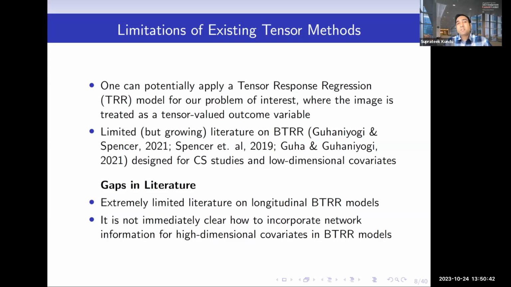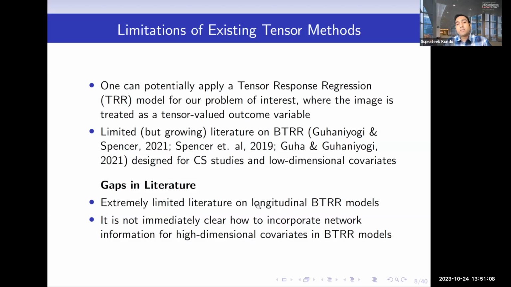But they're essentially designed for cross-sectional studies, so they really don't cater to our longitudinal aspect. And they're obviously catered for low dimensional covariates, maybe 4, 5, 6, 7, maximum maybe 10, to our knowledge, very low dimensional covariates. So there are these gaps in literature, right?